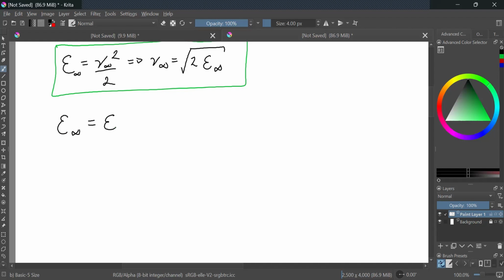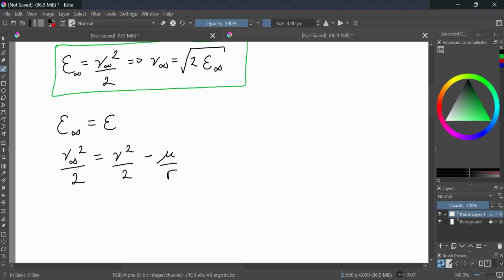When you expand that, we know what this is, we just found it: v infinity squared by 2. And then we know what that equation is. That is v squared by 2 minus mu over r.